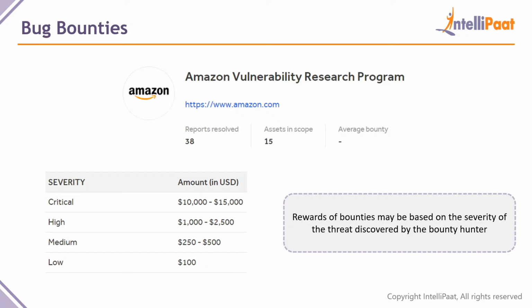If the severity threat is high, it's 1,000 to 2,500, and medium, so on and so forth. So, depending on the sort of hack that you are able to perform, you'll get a proportionate reward to that in most cases. So, it all depends on what standards the organization has set up in their listing.